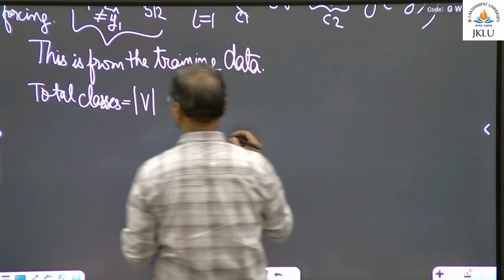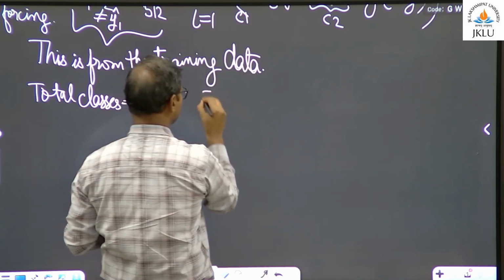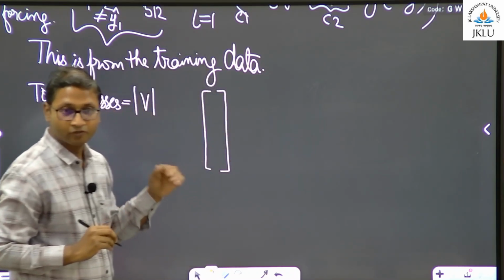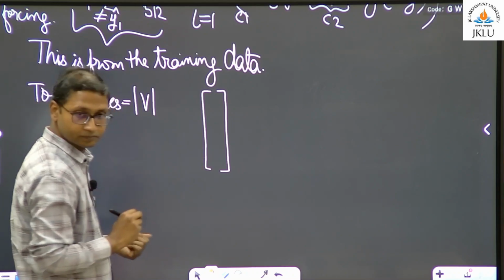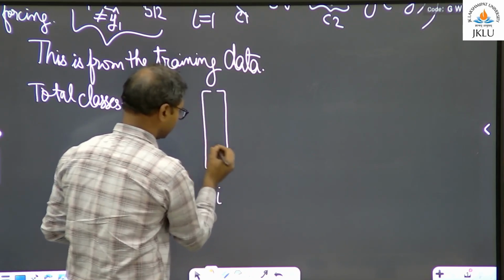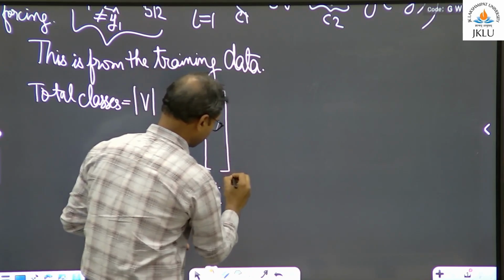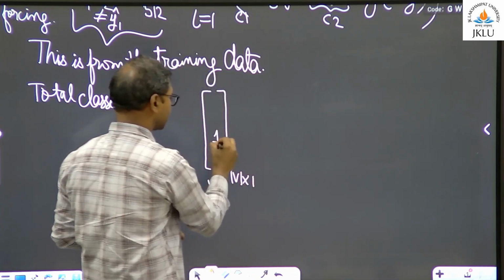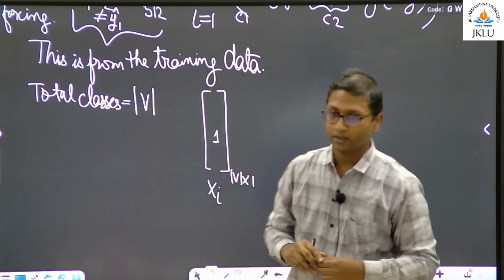Right. So this is how your one hot vector for a particular xi looks like. So for a particular xi, this is mod v cross 1, one hot vector, somewhere you will have 1.